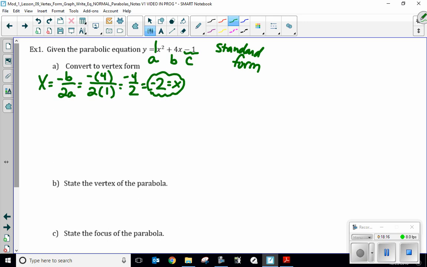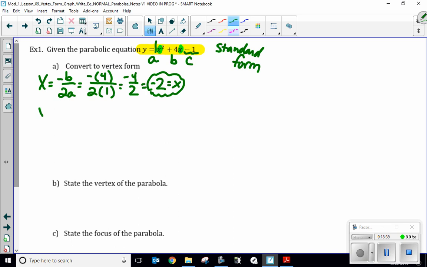How do I figure out the y value for the vertex? I simply plug my negative 2 into my equation. I have an x value here, and I have an x value here. I'm simply going to throw negative 2 into there, and what that equals is my y. Now, we did this a handful of lessons ago.